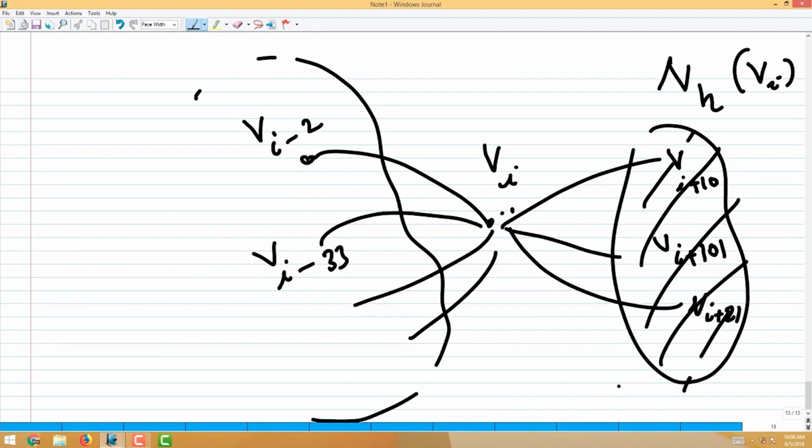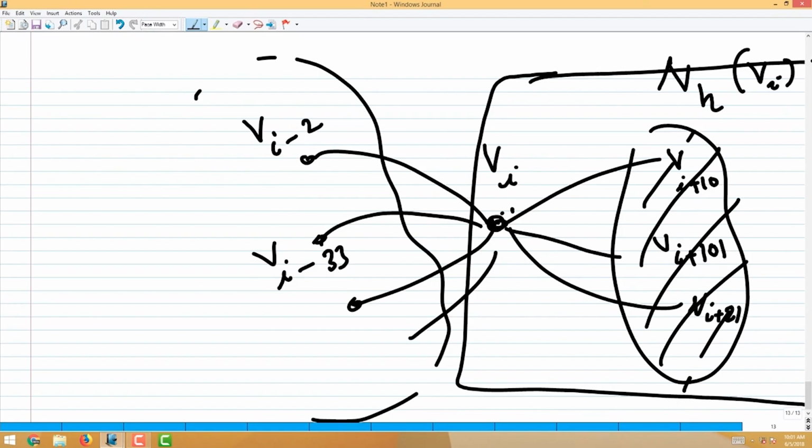But according to your strategy, Vi looks at the already colored vertices. They don't have any structure. They can be anything, because they may not form a clique, right? Because Vi is a simplicial vertex in this part, not in this part. Understood?